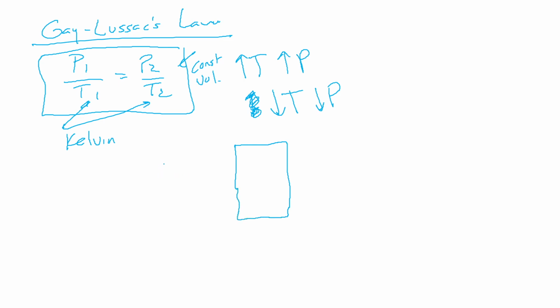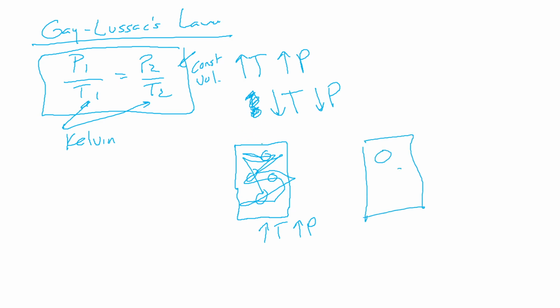We're going to get no movement of the volume, which means if we have gas molecules and we increase the temperature, they're going to fly around a lot faster, causing a lot more collisions, and we're going to see the pressure increase. Here again, the volume is not going to adjust to allow it to stay at constant pressure. So we do see that increase. Same thing here.